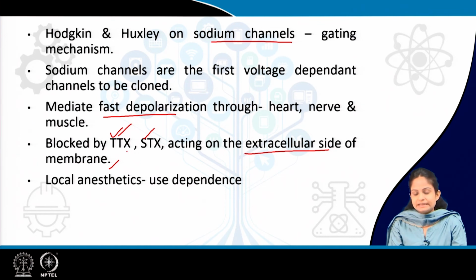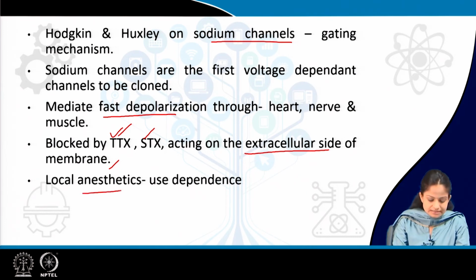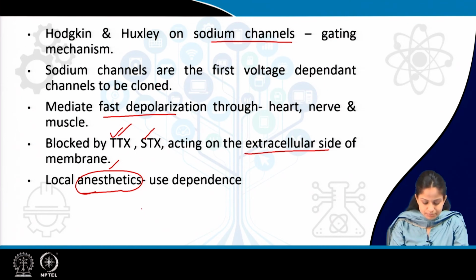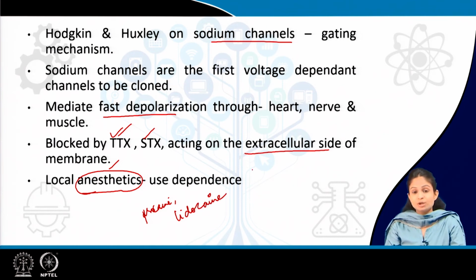Also, the sodium channels have a very clinical role. The sodium channels are usually blocked by local anesthetics. The local anesthetics we use, like procaine and lidocaine, usually block the sodium channels, and because of this blocking there will be no further impulse transmission.